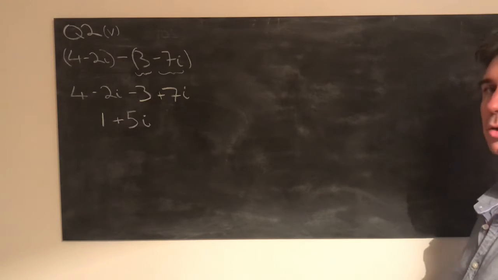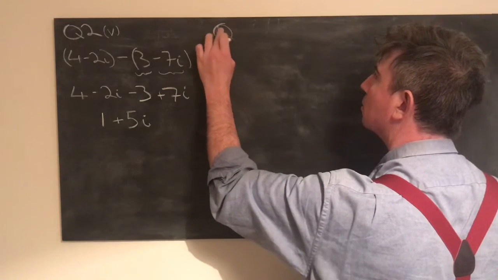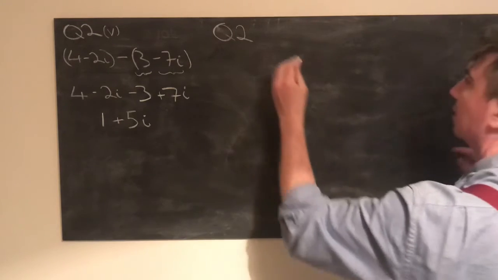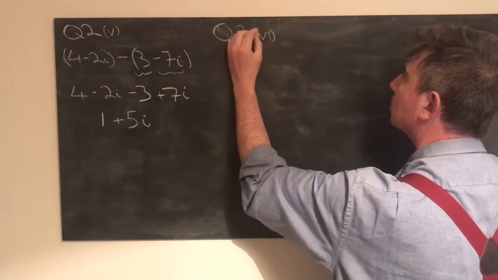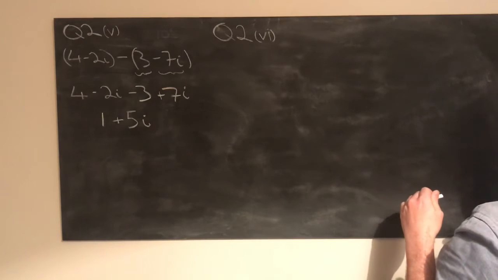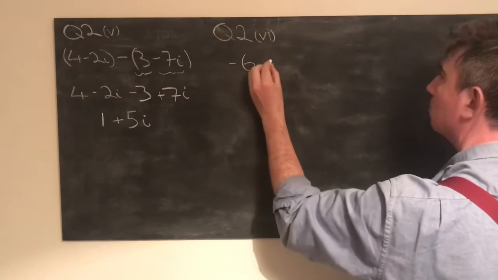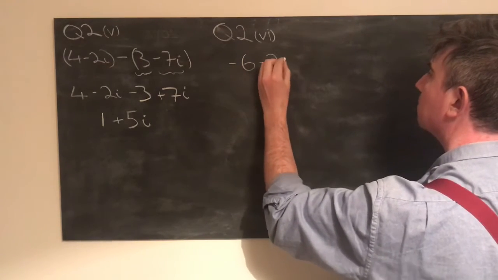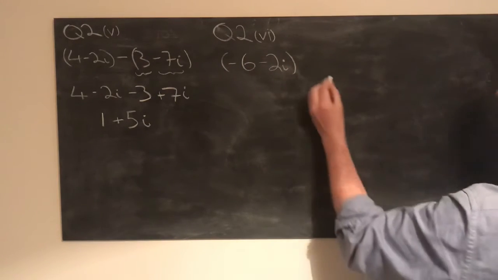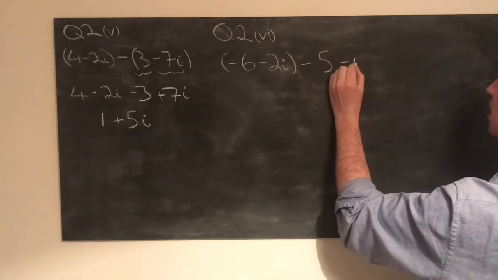The next question I'm going to look at is question 2, part 6. And that asked us, it gives minus 6, minus 2i, and from that we take away 5 minus i.